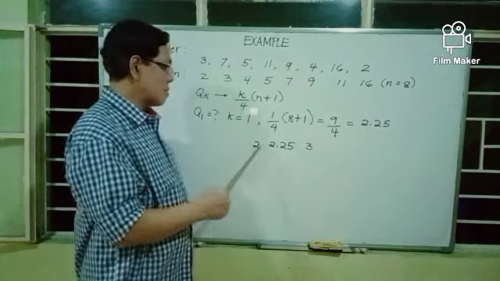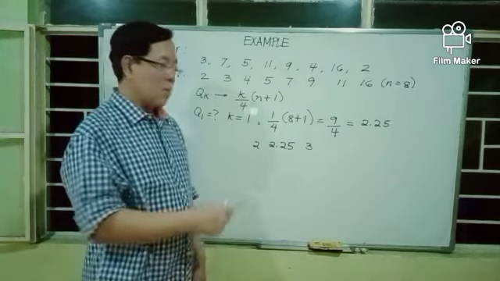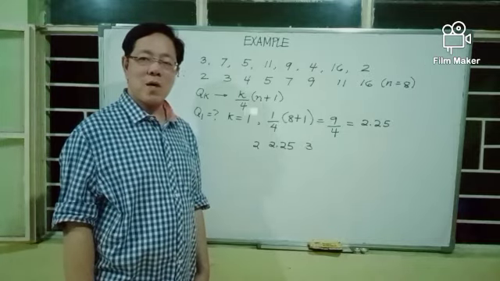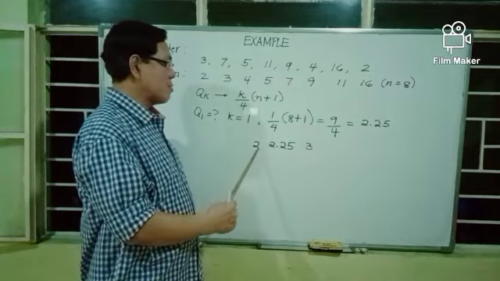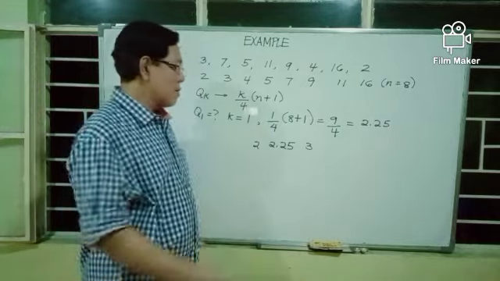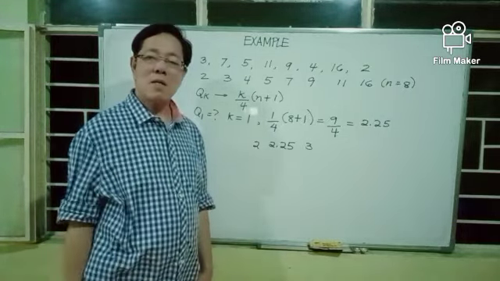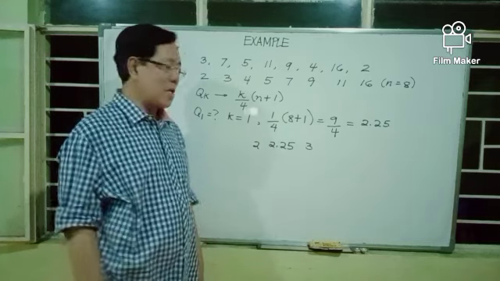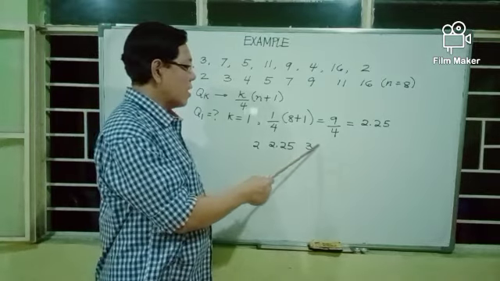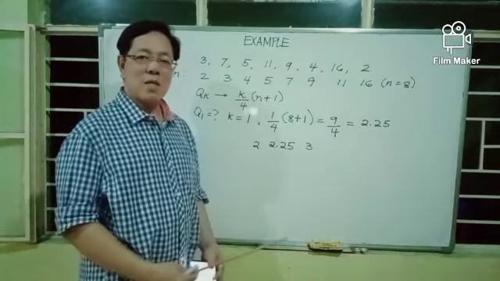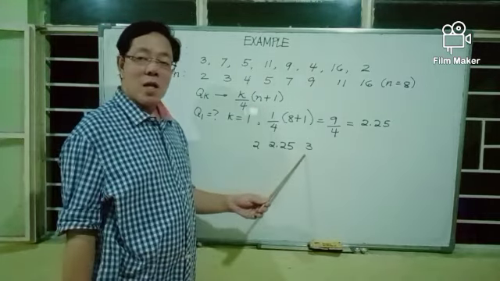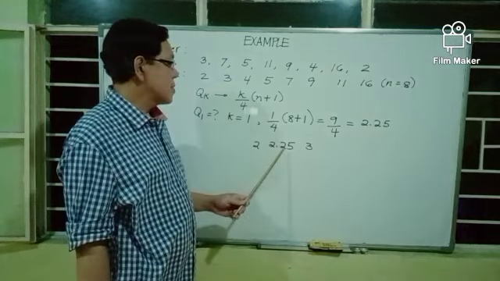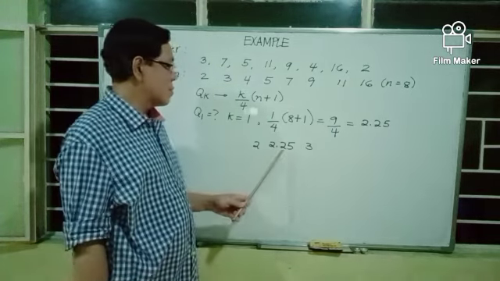Or you find the integers, one lower than 2.25 and one greater than 2.25, such that 2.25 is between these two integers. The first integer must be the largest positive whole number that is less than 2.25, and the other should be the smallest positive whole number that is greater than 2.25.